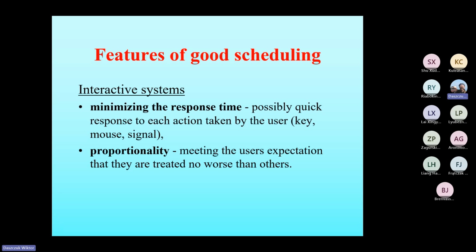And proportionality. It shouldn't be that one user has quick responses and the other user waits for minutes. It's proportional. If we add a new user to the system, all old users should face the same slowdown of operation.